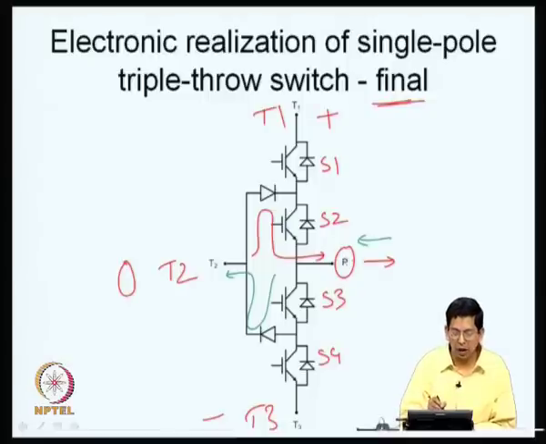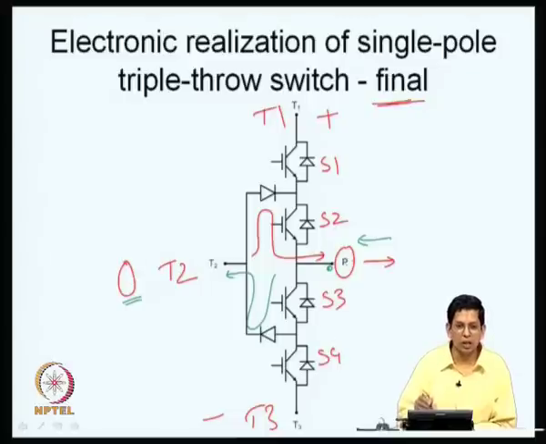So, you are able to connect this DC bus neutral to the pole P, and therefore, one of the names given to this circuit is a neutral point clamped inverter, as we will see a little later. You use a diode to make this connection, and therefore, it is also called a diode clamped inverter. What you find here is S1 and S3 are complementary. If S1 is on, S3 will always be off and vice versa.